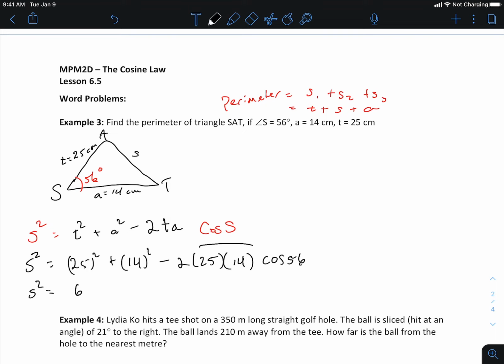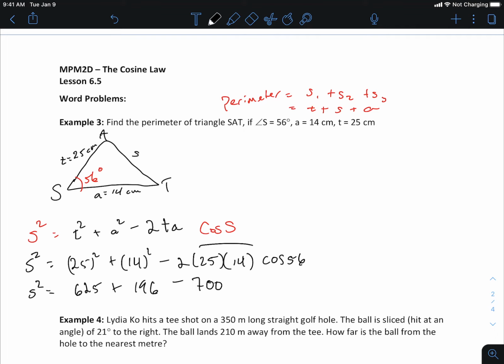Okay, 625. What's 14 times 14? I don't have that one memorized. 196. Okay, good. 196 minus 50 times 14. 5,000? No, not even close. Sorry. Thank you. 700. What am I doing?